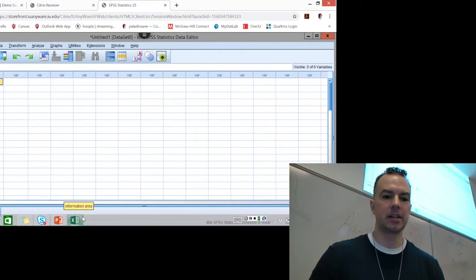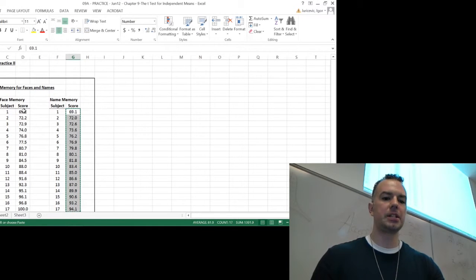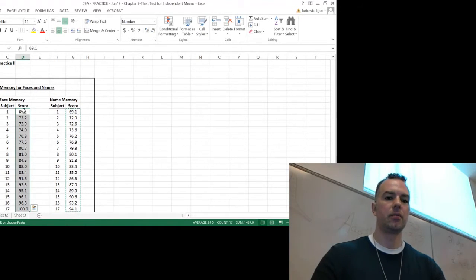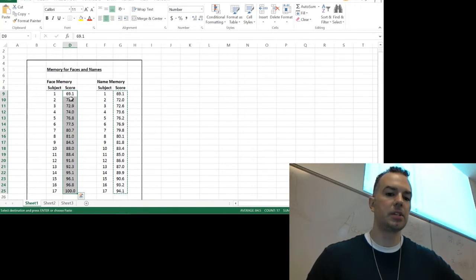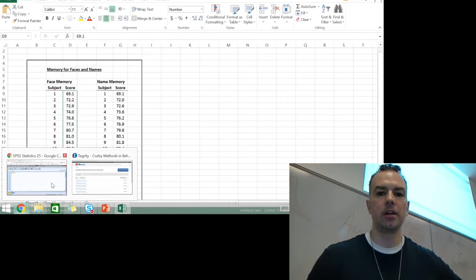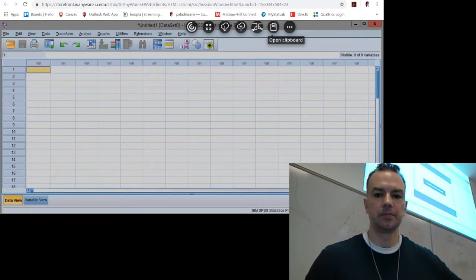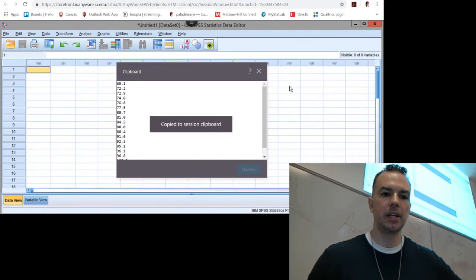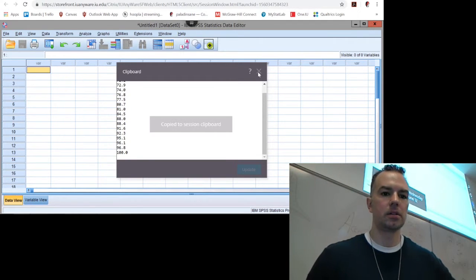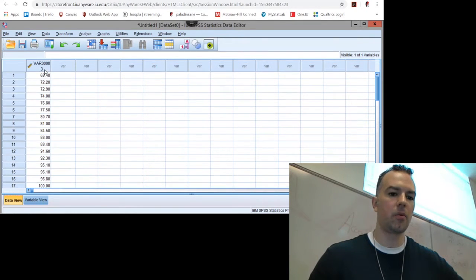So if that helps you out, feel free to do that. So this time, we're going to take our face recognition scores. And once again, we're going to copy them into row 1, column 1, because that is where they need to go. So we paste those into row 1, column 1, and that's face data, so let's call that faces.